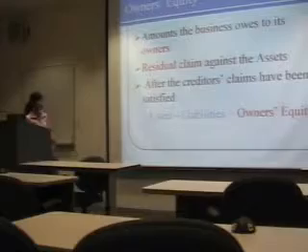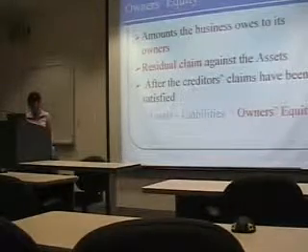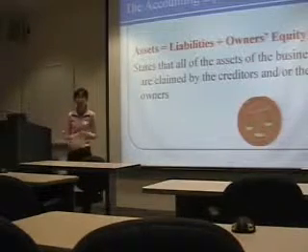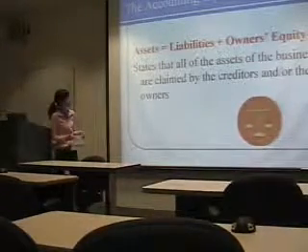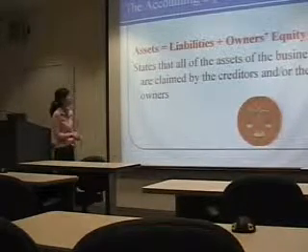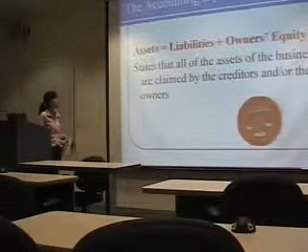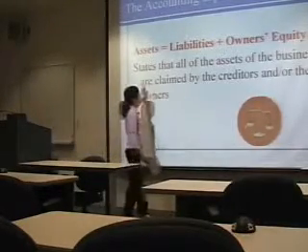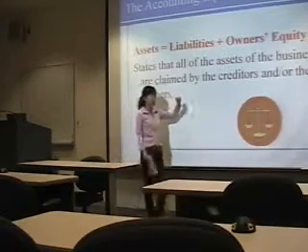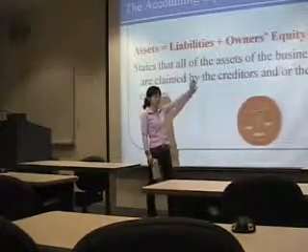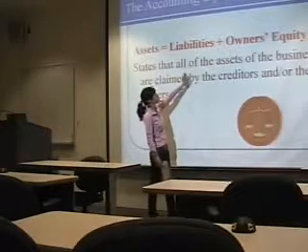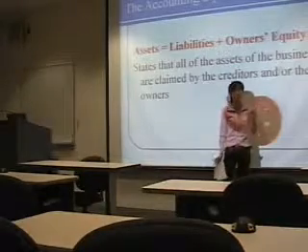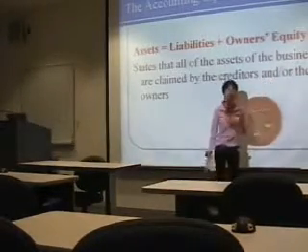So here comes the accounting equation: assets equal liability plus owner's equity. It states that all of the assets of the business are claimed by the creditors or the owners. So this is the assets, and the part of the assets claimed by the creditors goes to liability, and the part of the assets claimed by yourself goes to owner's equity.